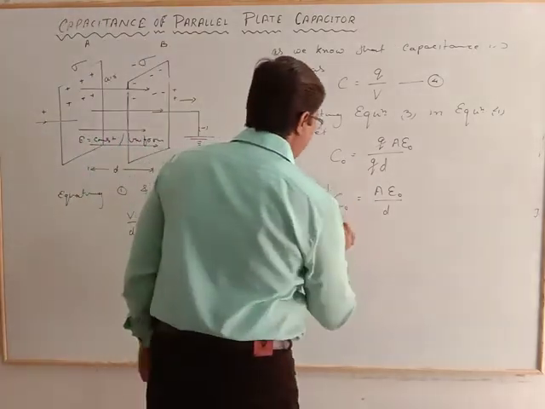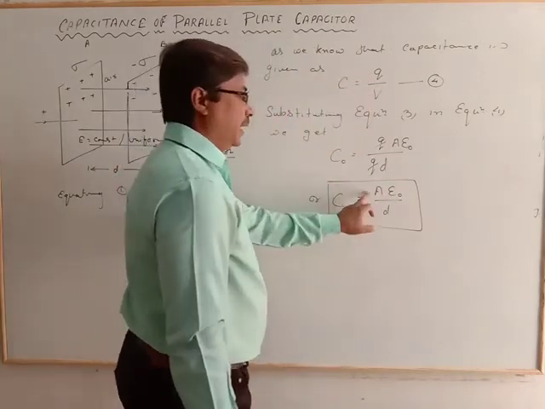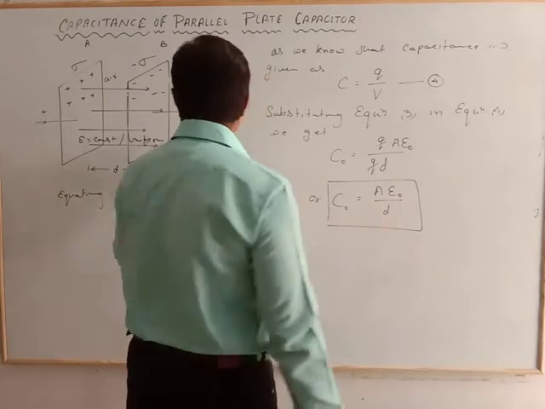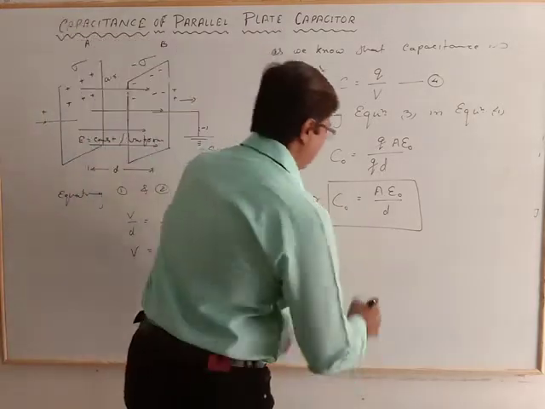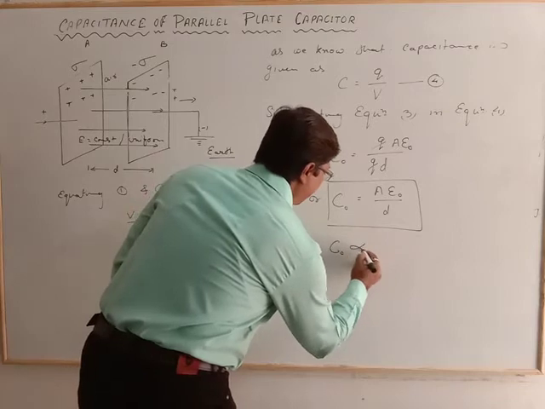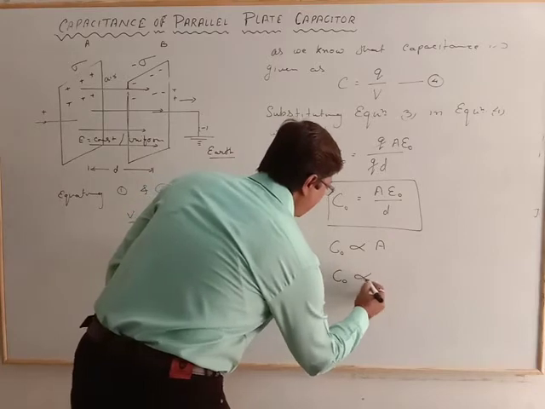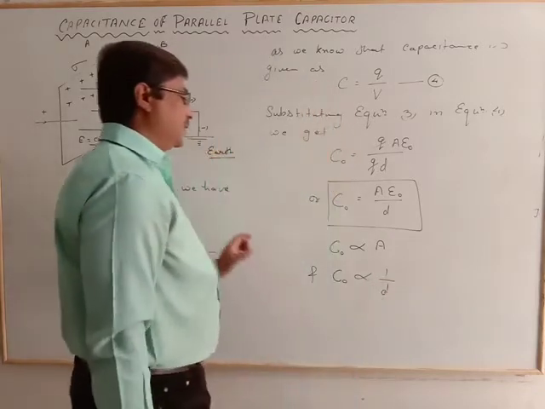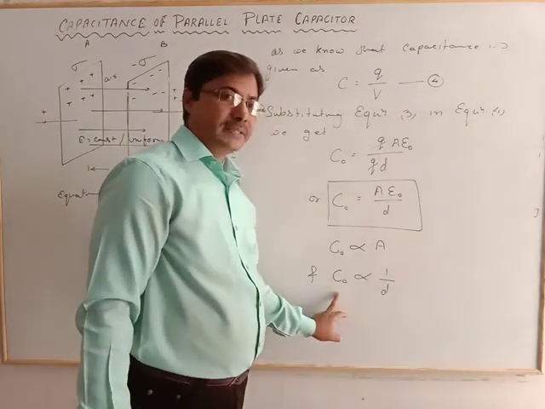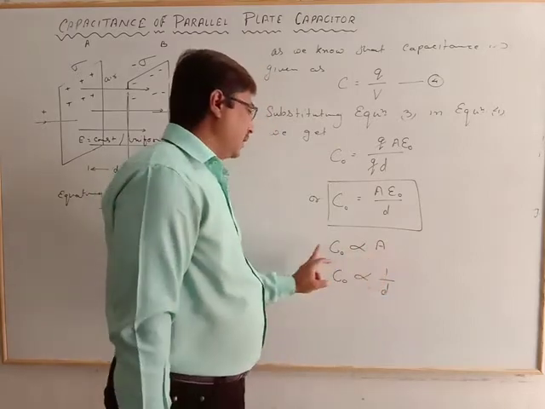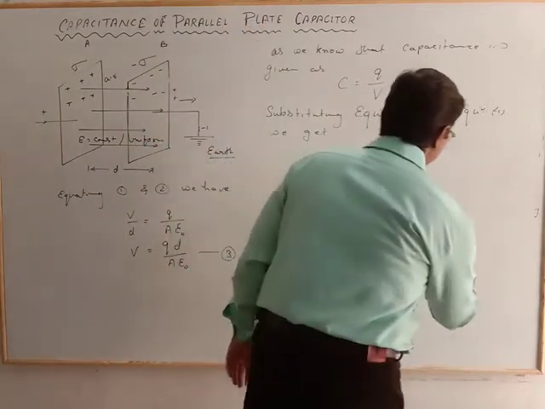The capacitance depends upon the area of the plates and is inversely proportional to the distance between the plates. That is, C naught is directly proportional to A and inversely proportional to D. That means if the distance between the plates increases, the capacitance decreases, and if the area of the plates increases, then the capacitance also increases. This is relation number 5.